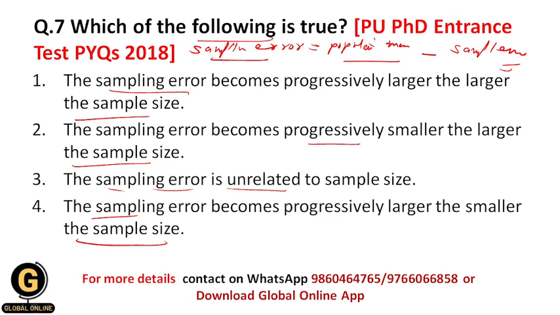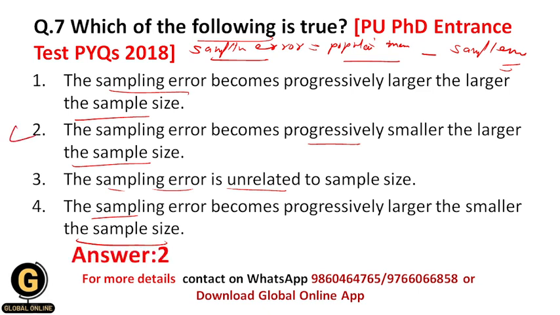Whenever there is a very large sample size, obviously there would be minimum sampling error, and that's why as you enlarge the sample size, progressively the amount of sampling error becomes smaller. That's why here your correct answer should be 2.